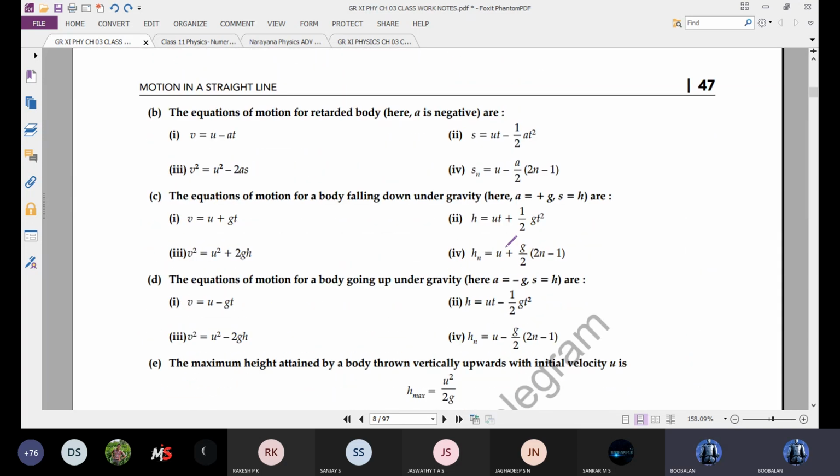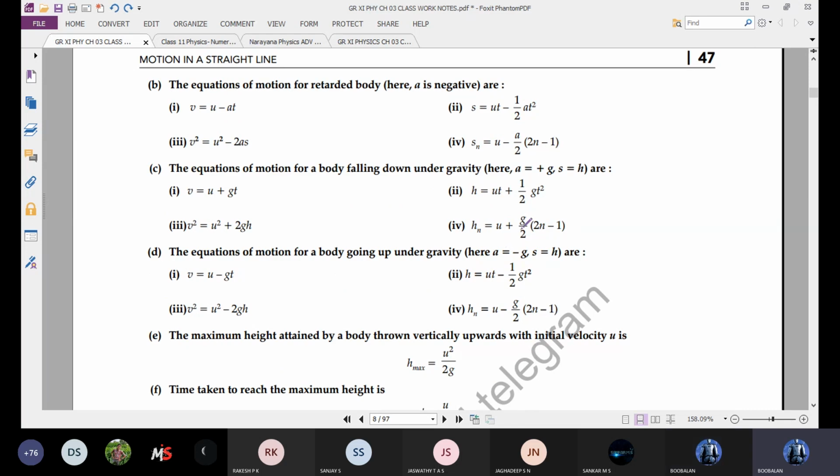The next one, the equation of motion for the projected body. Otherwise negative: under which condition is the value minus? Against gravity. Now only I said, a value decreasing means a value minus.